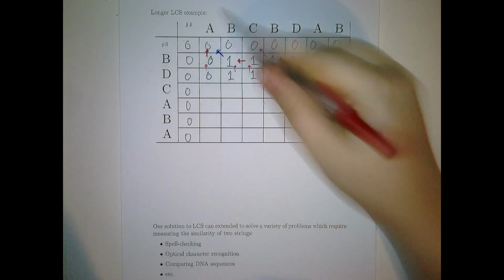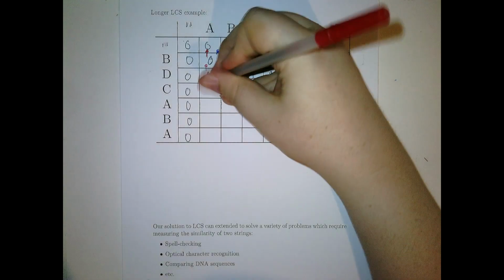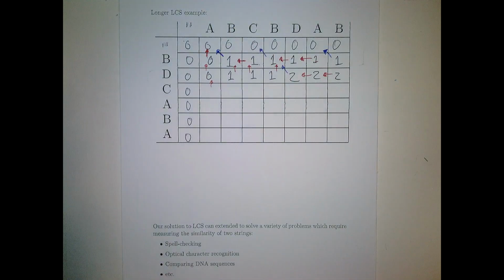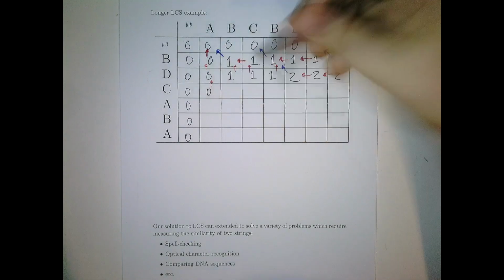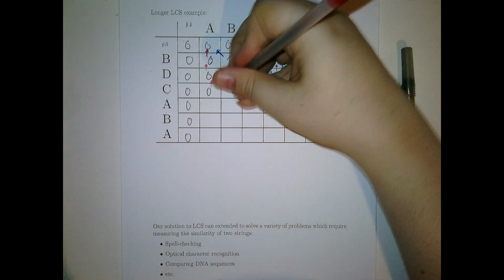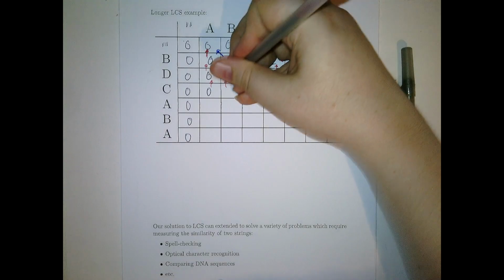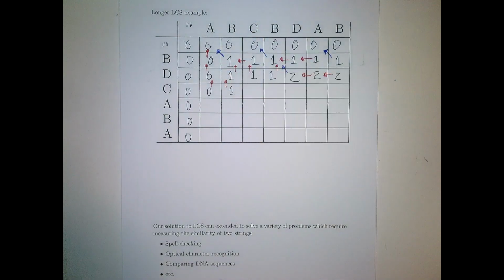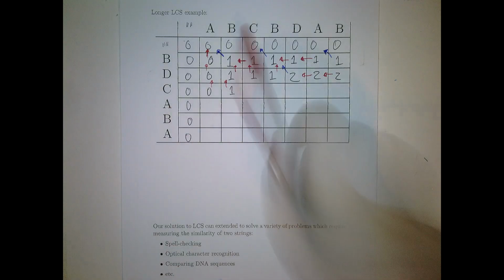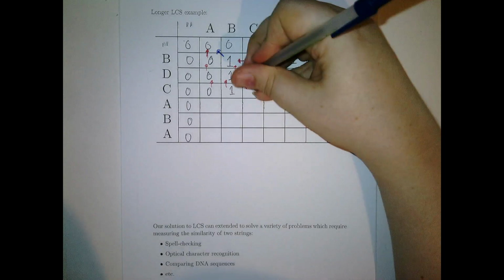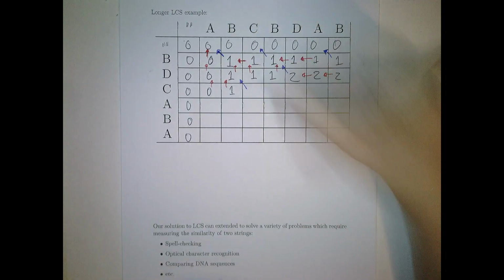Okay, C versus A, continuing here. They're the same, so we'll just take the top one. C versus B, rather the max is top, so we'll take the up arrow again. C versus C actually is a match, so we'll take diagonal up, so that'll be 2.